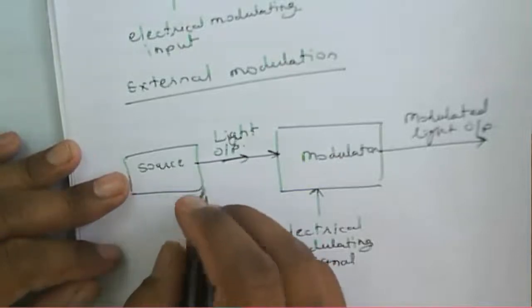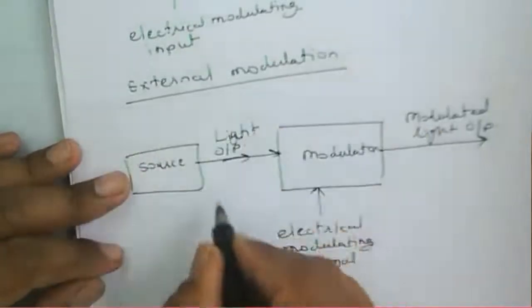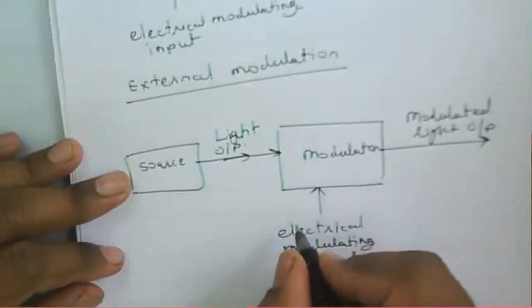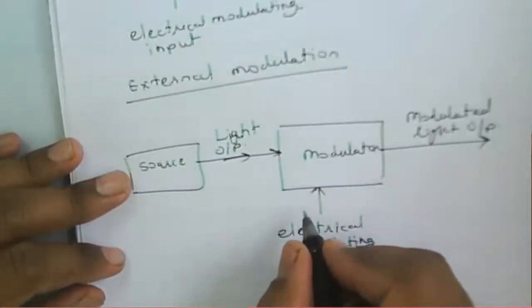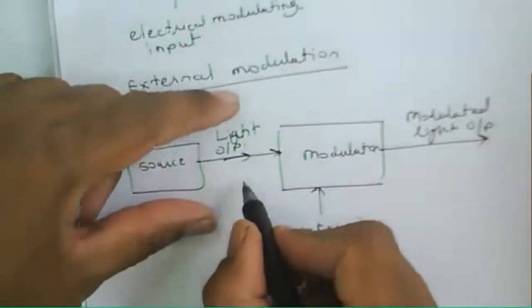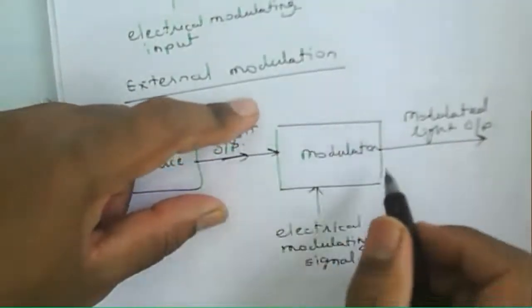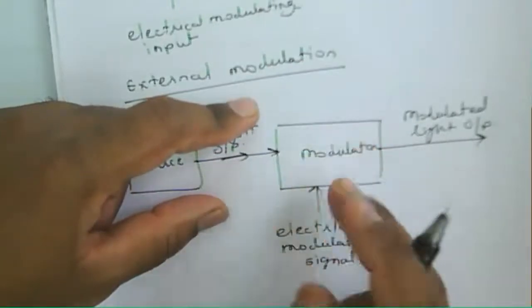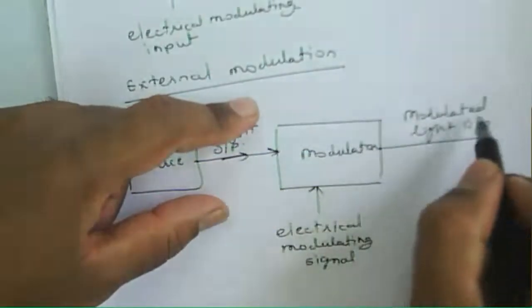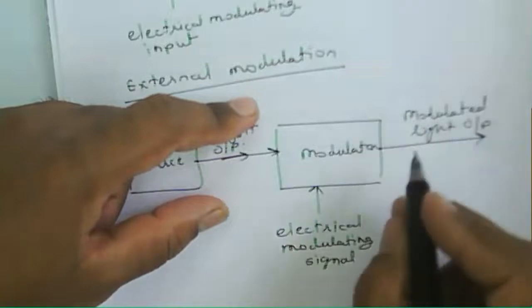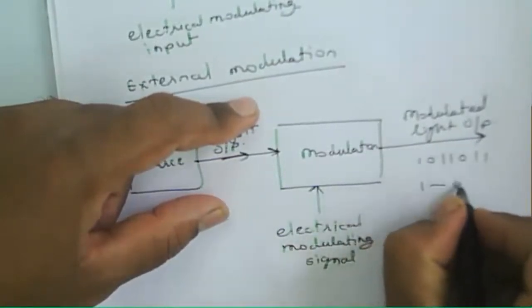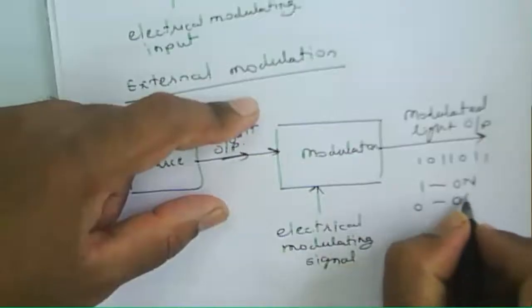Means in external modulation, we require the external modulator. So whichever light is generated, using the external modulator we can generate a modulated light output. So again it will use 1 0 1 1 0 likewise. One is on and 0 is off.